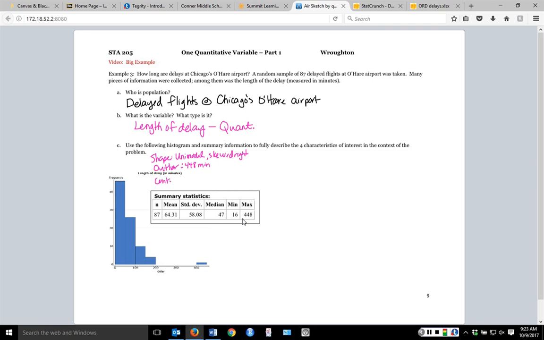For center, we just need our mean and our median. So our mean is 64.31. The median is 47. And then last, we need that idea of our standard deviation, that we start at the mean and we go out as standard deviation in both directions.